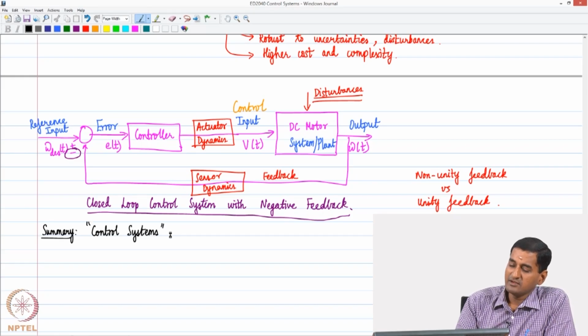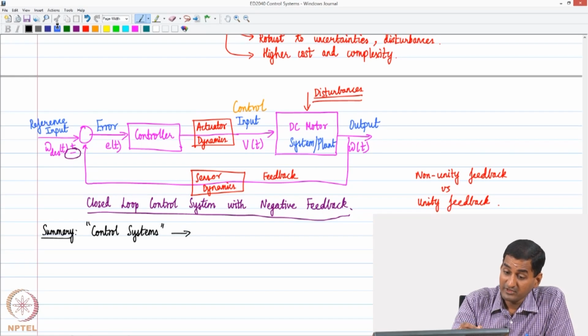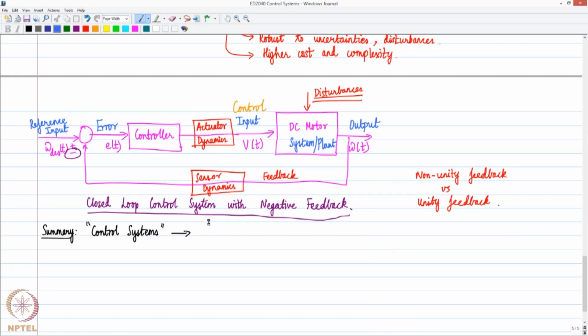What we are going to learn is closed loop feedback control of SISO, LTI, causal, dynamic systems.